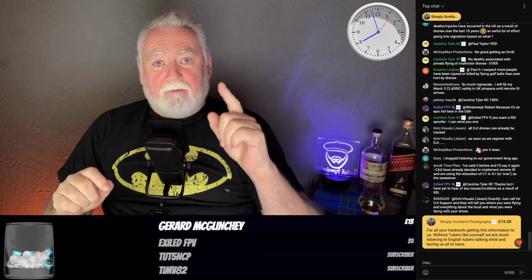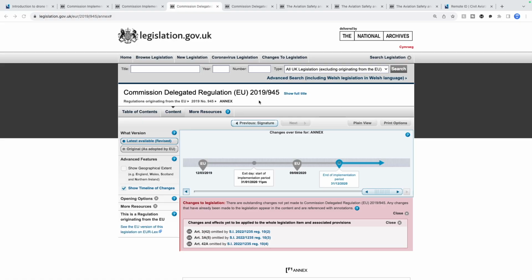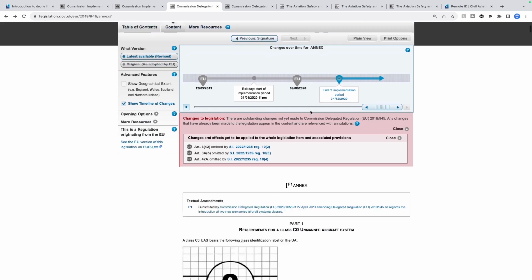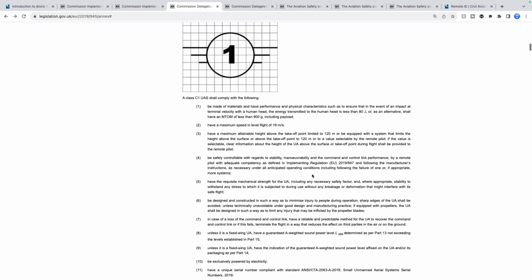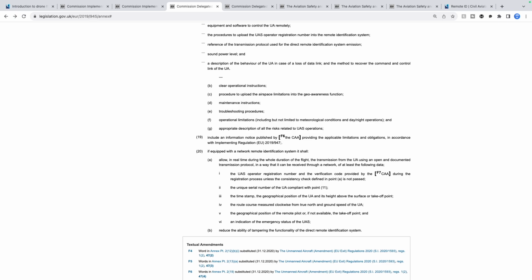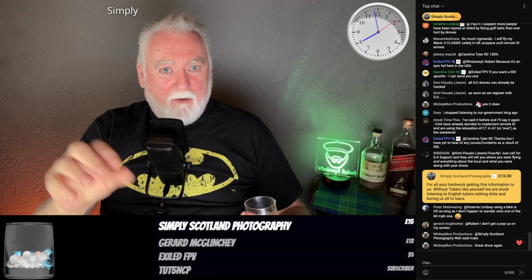You are eligible to fly in the UK under the Commission Delegated Regulation EU 2019/945 of 12th of March 2019 on unmanned aircraft systems and on third-country operators of unmanned aircraft systems, Part 2, paragraphs 1 to 20.